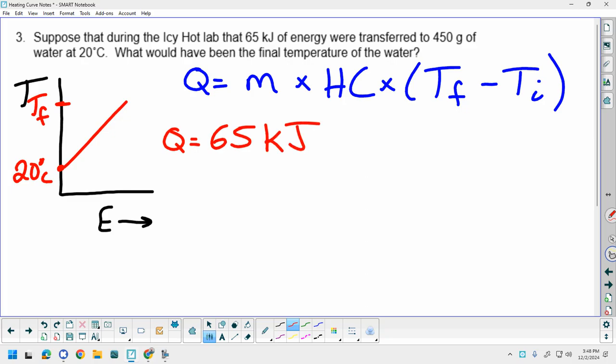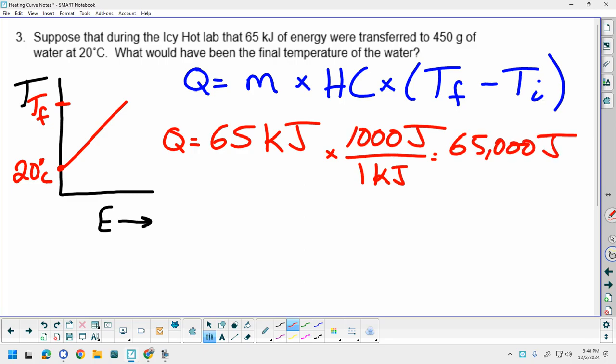The energy given to us is 65 kilojoules. Since the heat capacity has units of joules over gram degrees C, we've got to change this from kilojoules into joules. Well, a kilo is 1,000 of something, so 1,000 joules over 1 kilojoule means that we're actually looking at 65,000 joules of energy that's being added in.